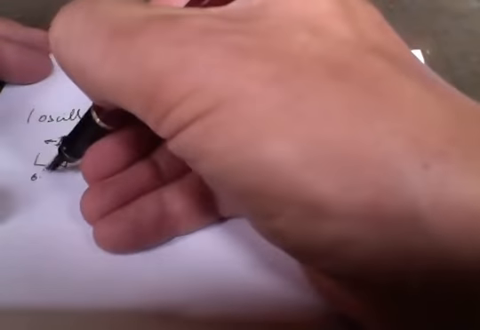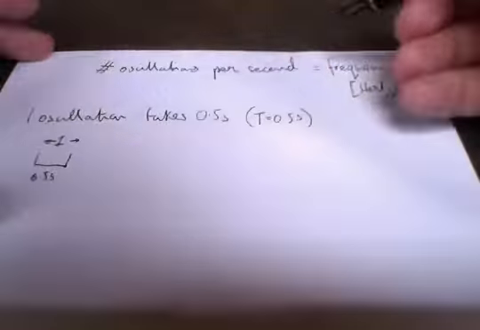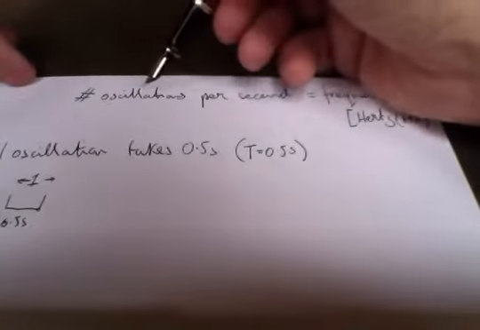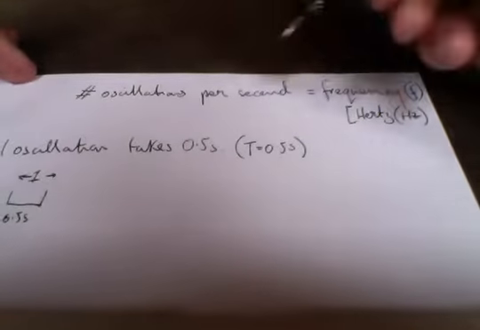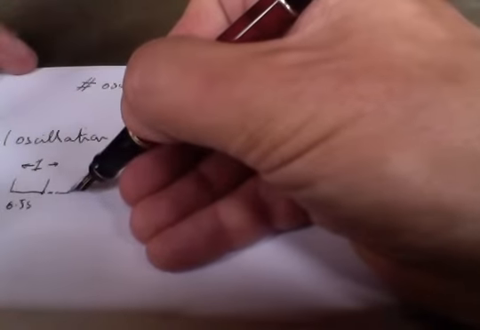Let's think about that. Here is one oscillation, point to point, and it's 0.5 of a second. So in essence, what you're asking is the number of oscillations per second, which is the frequency. So what do you think the frequency would be here, if, of course, this were 1 second?